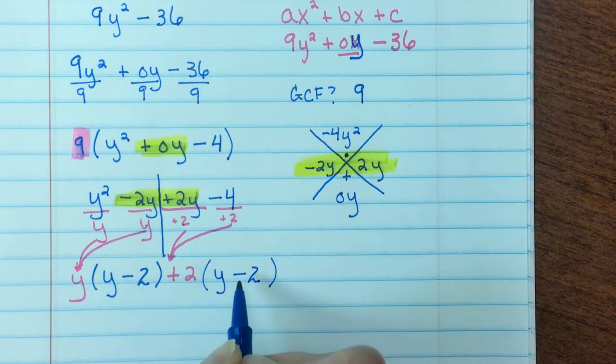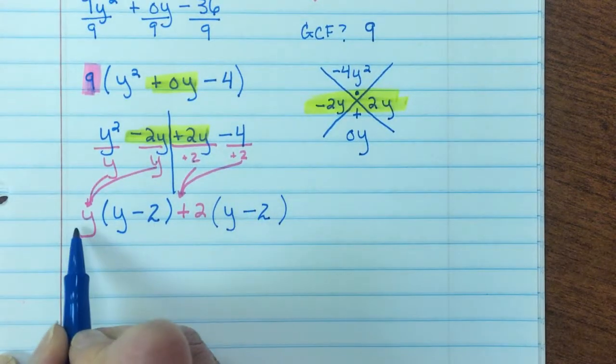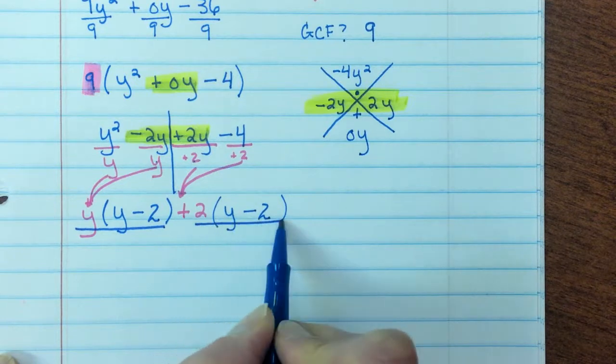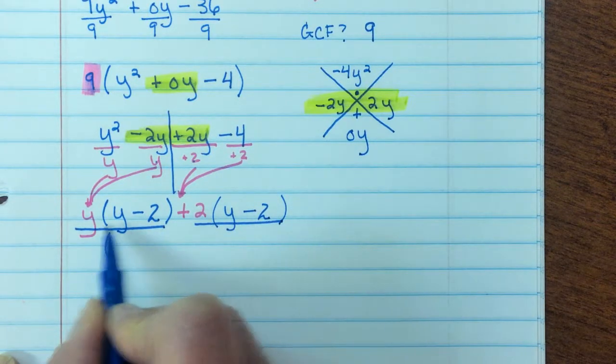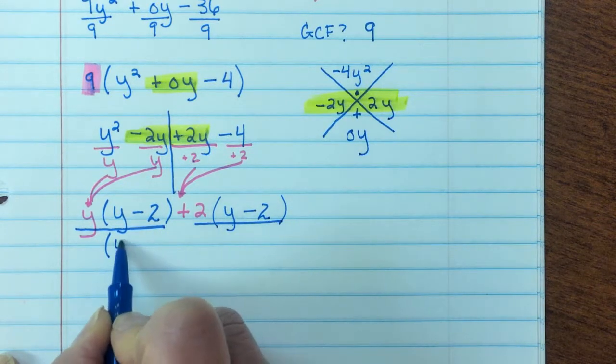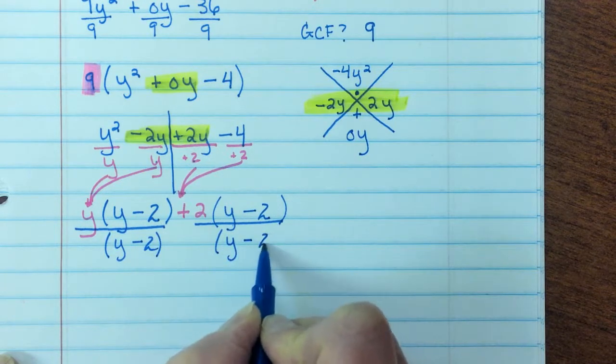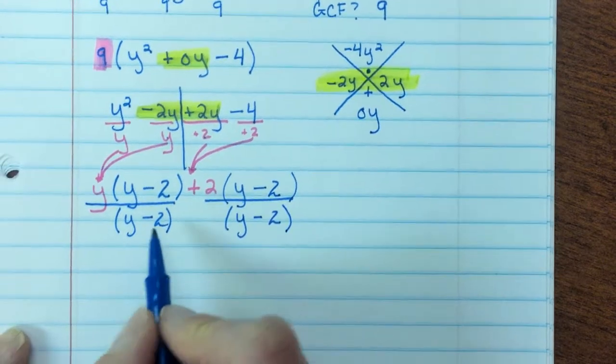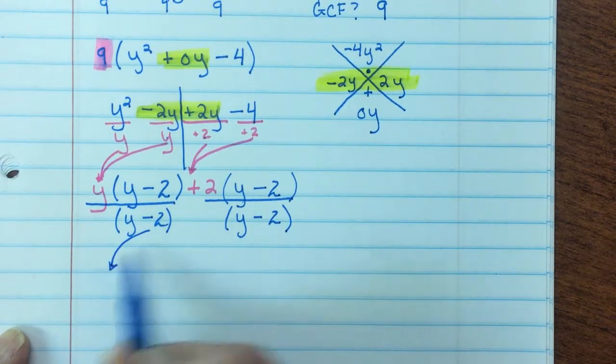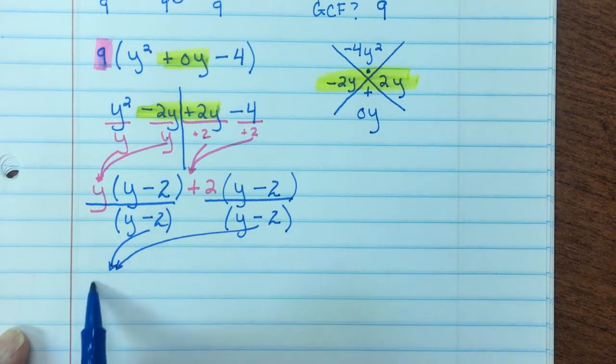So we can see what's inside the parentheses is exactly the same. That means that both of these parts have the same factor, y minus 2. So that means I can divide out the y minus 2.